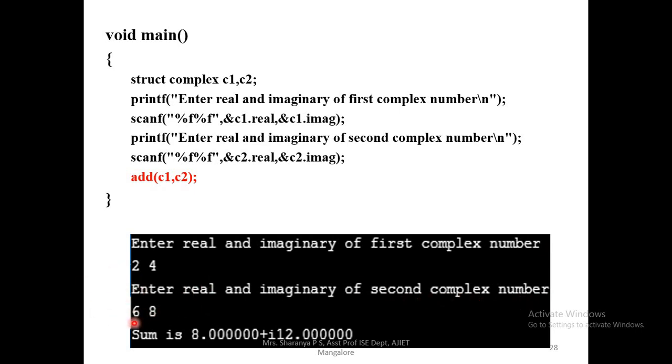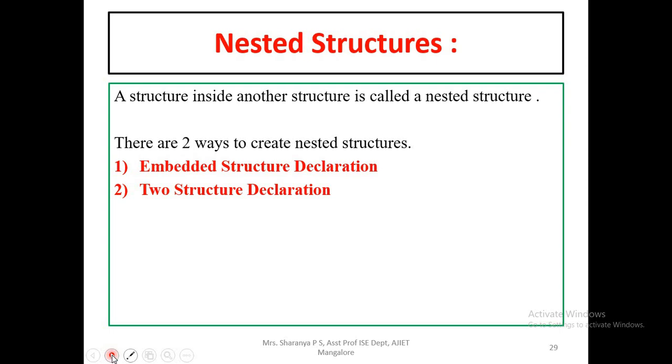Our main intention in this program is to add 6 plus 2 and display the result, that is 8, and 4 plus 8 and display the result along with the imaginary part. This is how we can build an application program that makes use of structures inside a function.